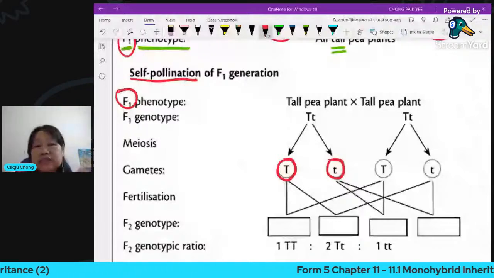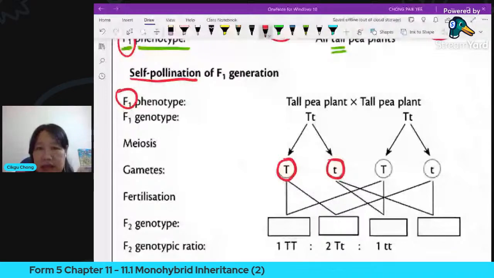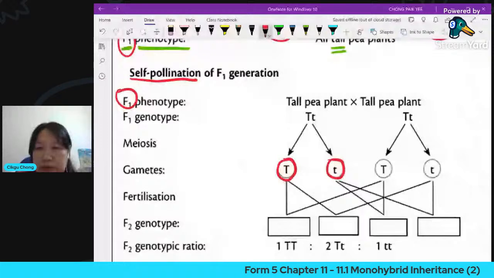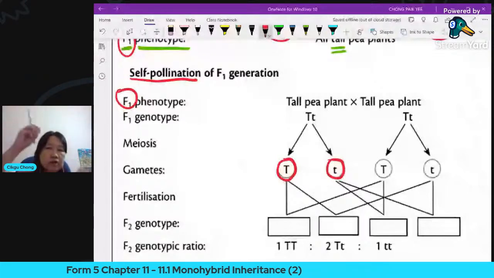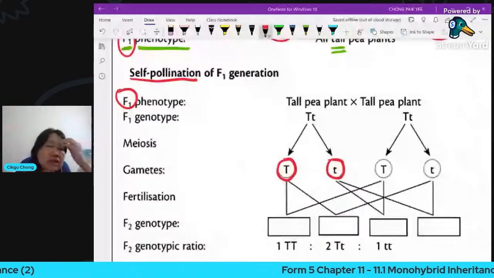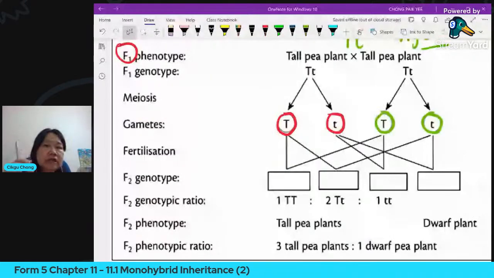Now this is F1. F1 you self-pollinate, so over here you also have self-pollination. This also has big T and small t. And now fertilization. After you put your pollen onto the stigma, you have fertilization. The same concept again: any pollen has an equal chance of fertilizing any of the ovules.